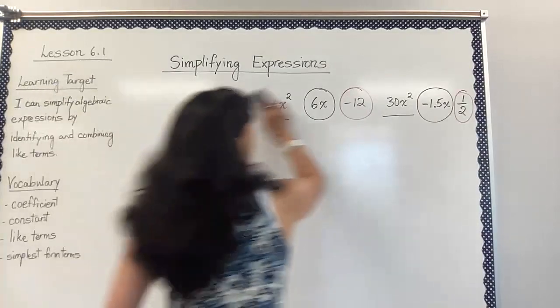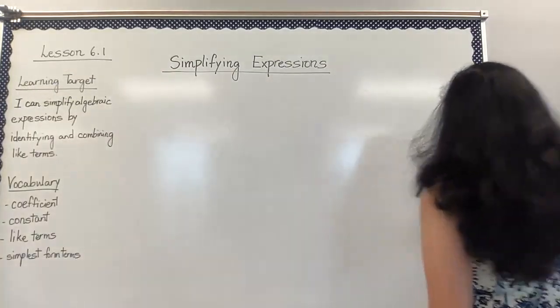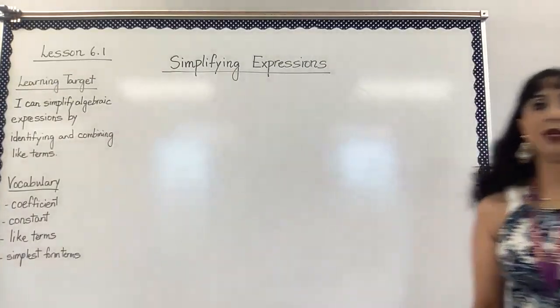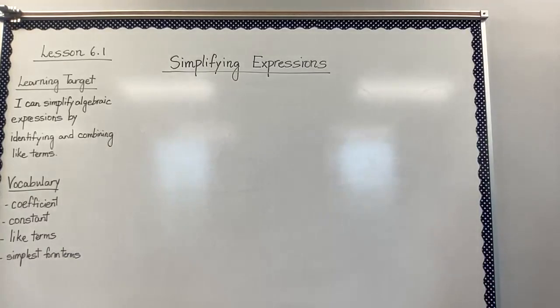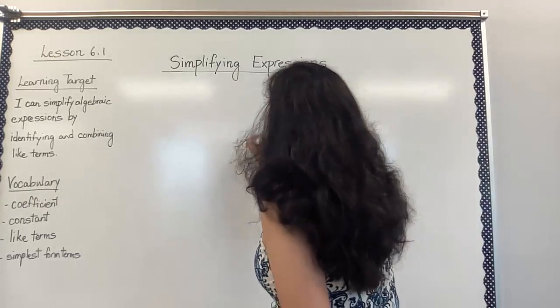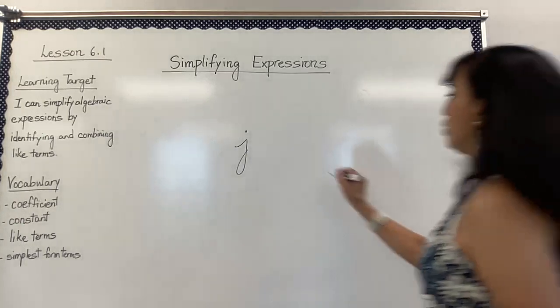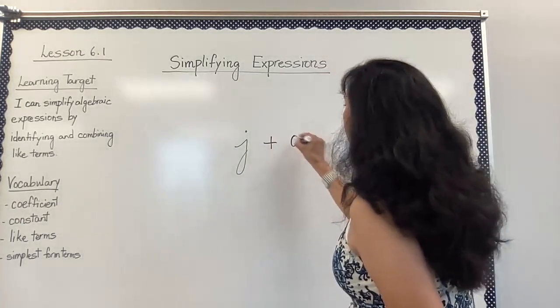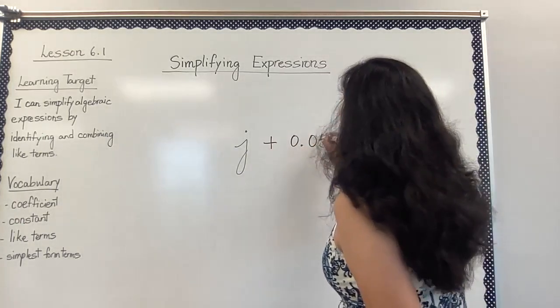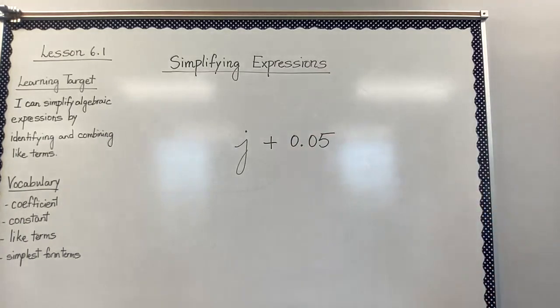My question is, the cost of a jacket J after a 5% markup can be represented by the expression J plus 5/100 J, because 5% in decimal form is 5/100.